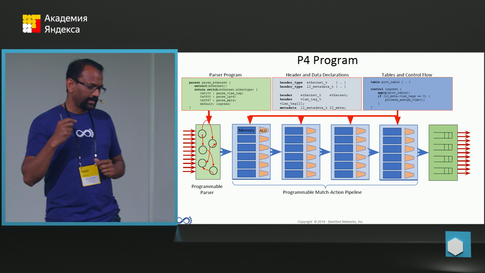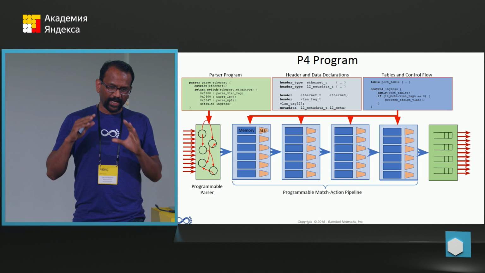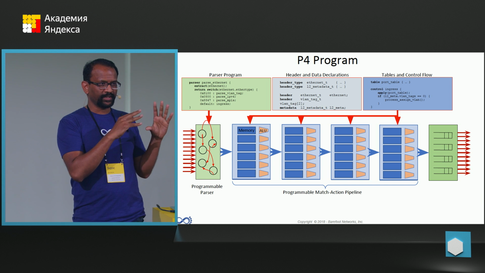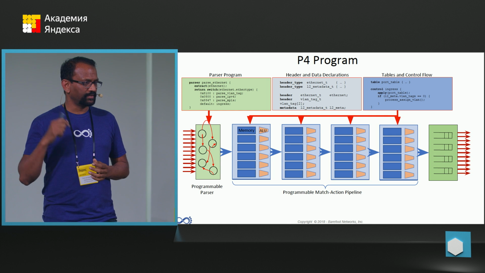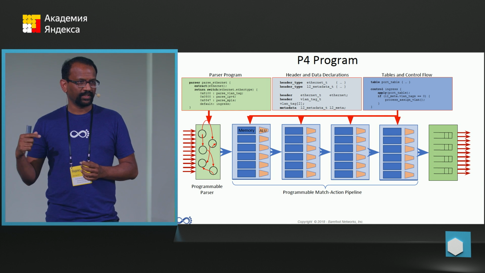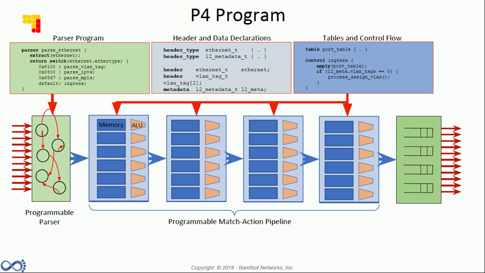So this slide is actually showing how a P4 program maps to different modules in your pipeline. There is a parser description that is mapped to the parser, but the parser description takes definitions of headers that it needs to look at. And then the match action units themselves are hosting the tables that are described in your P4 program.